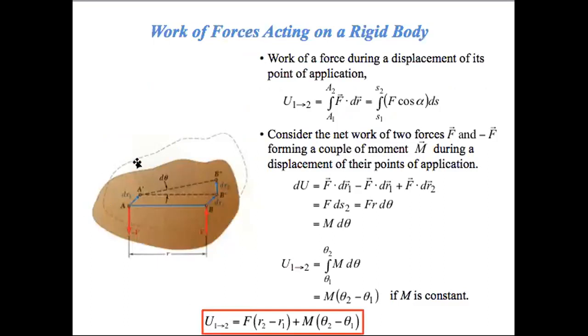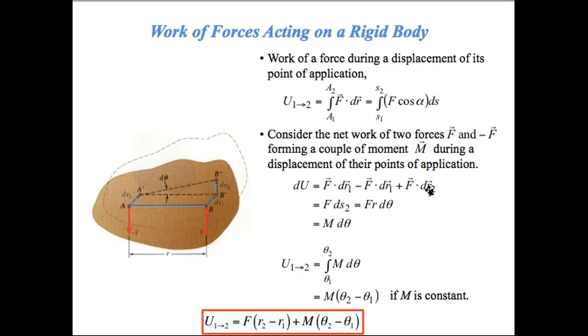Before that, we learned the work of a force during a displacement of its point of application is found by this equation: force times displacement. Look at this figure. Consider the net work of two forces, F and negative F, forming a couple of moment M during a displacement of their points of application. So the work equals F dr1 plus F dr2 minus F dr1.